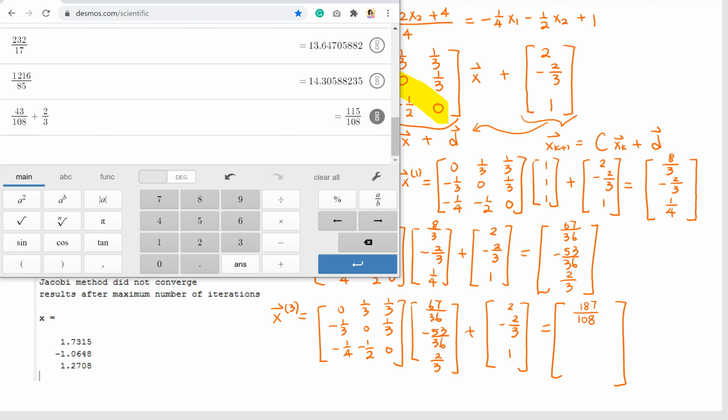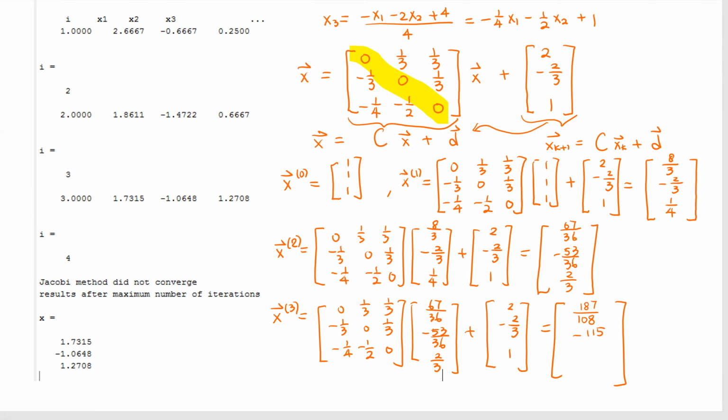That answer is negative 115 over 108. Because both of them are negative, I didn't need to type the negative in my calculator. Is that okay, everybody?